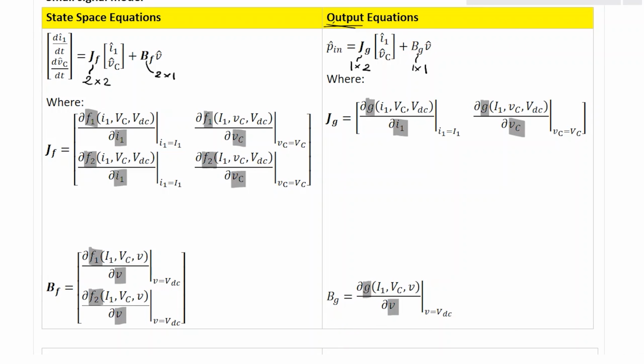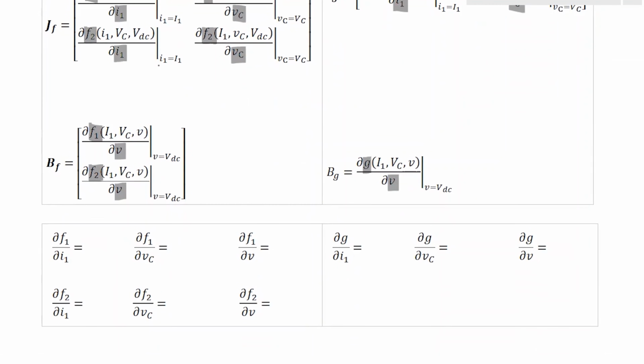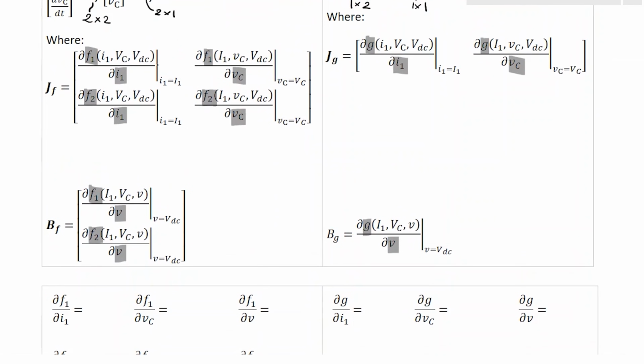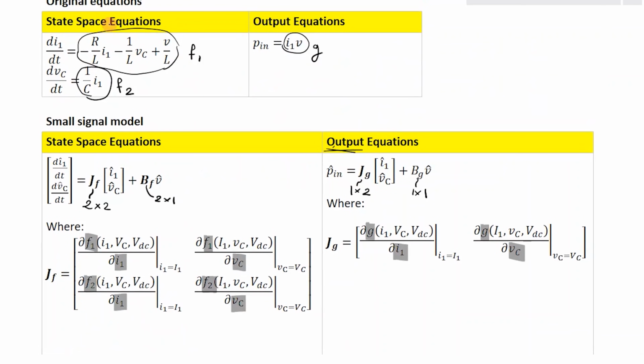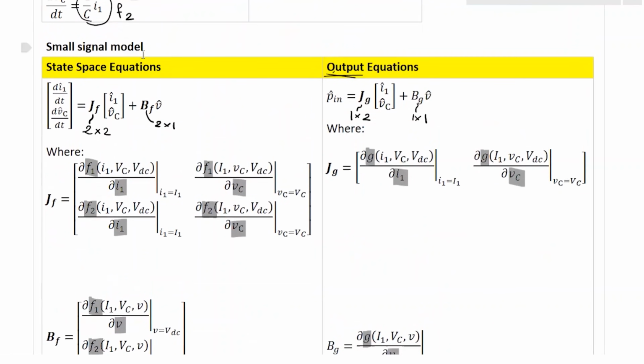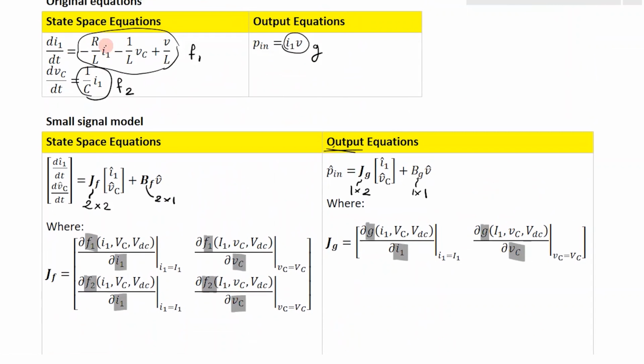Now let's find these matrices. We need all the partial derivatives. So for GF, we need derivatives of F1 and F2. This one, let me actually copy it. So it's negative R over L I1. No, let me just differentiate it. Sorry.